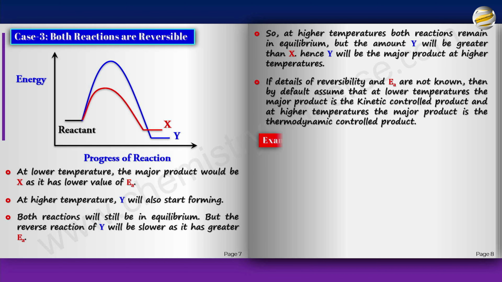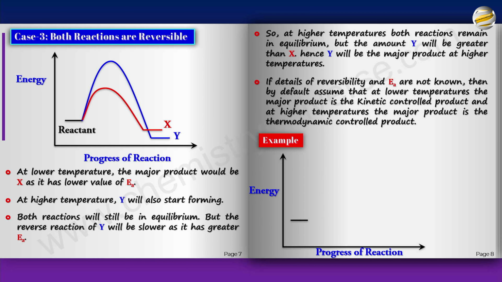So I'll give you an example where you have a thermodynamic control product and a kinetic control product, but one's activation energy is lower and the other is higher. For example, look at the tautomerism of this particular ketone. If you remember, it has two alpha H, one on the left and one on the right.